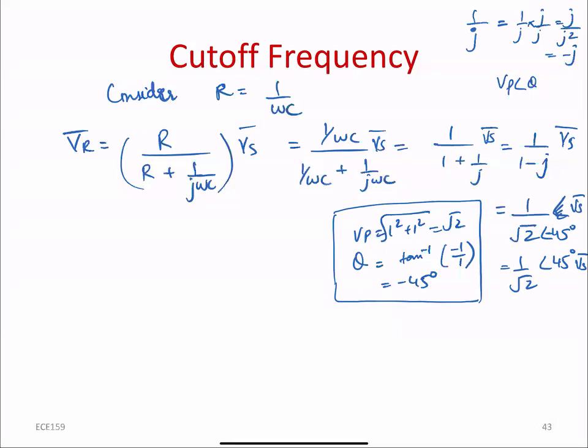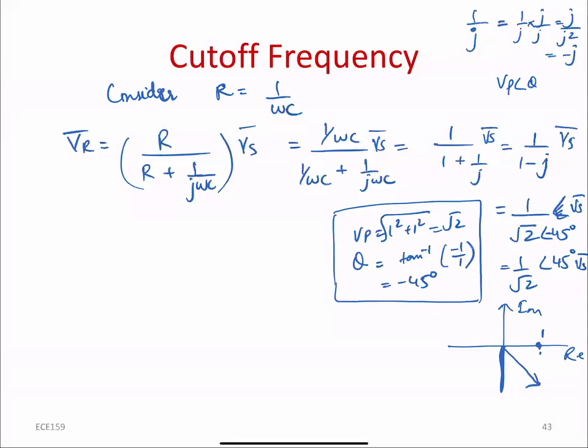And just to remind you, 1 minus j can also be represented on the real and imaginary axes: this is 1, and minus j is going to be on this vertical line, with plus j on top and minus j below. So 1 minus j is going to be somewhere here.